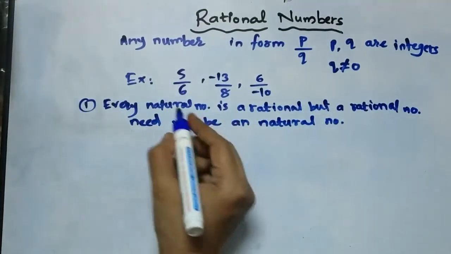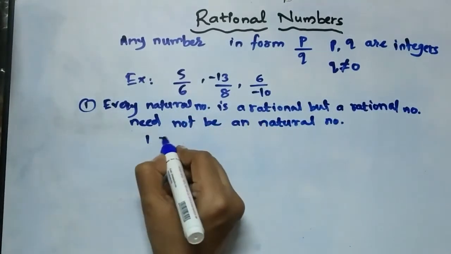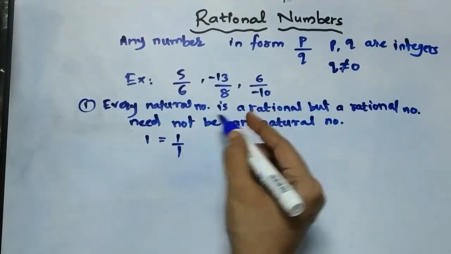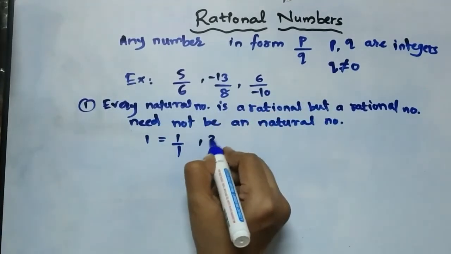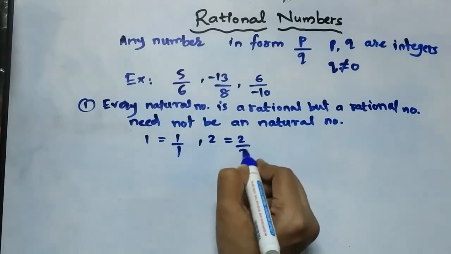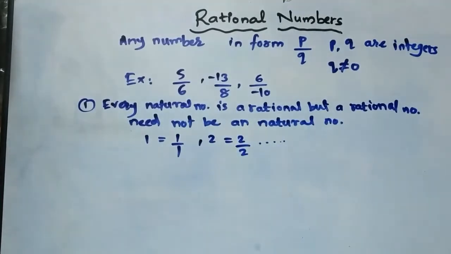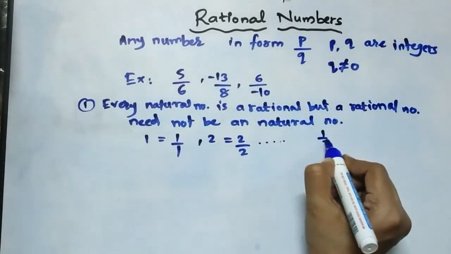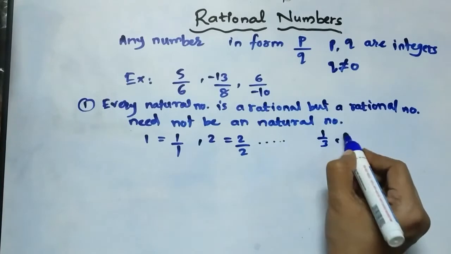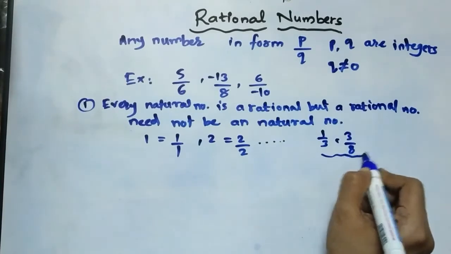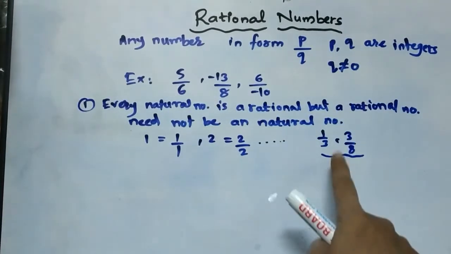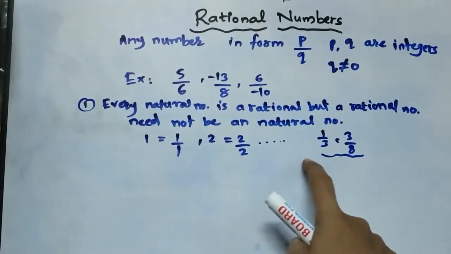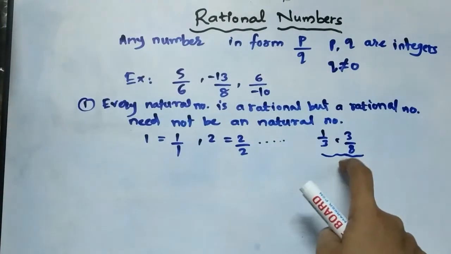For example, you can write 1 is equal to 1 by 1. I can represent this 1 as 1 by 1, and I can write 2 as 2 by 2, and so on. But friends, 1 by 3 and 3 by 8 are not natural numbers because these are rational numbers. They will not come under the natural numbers.